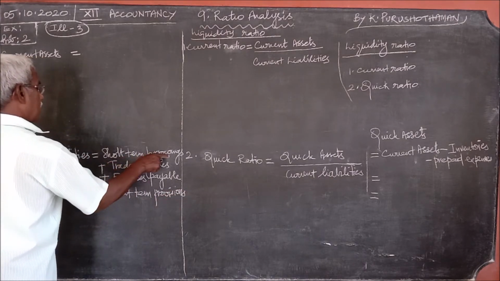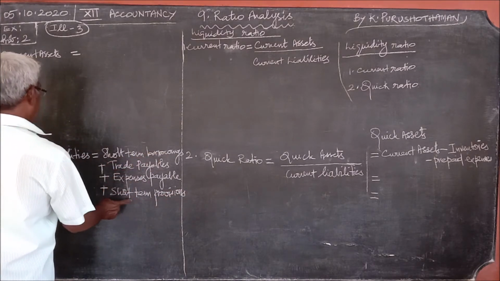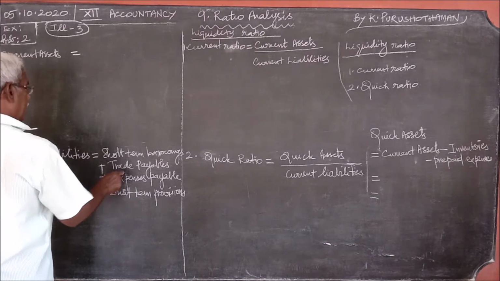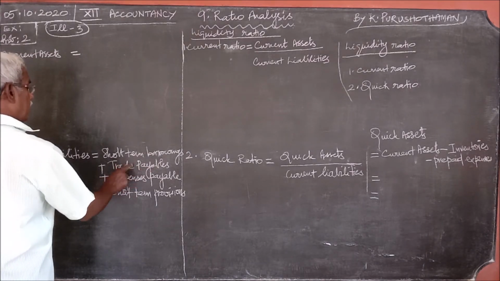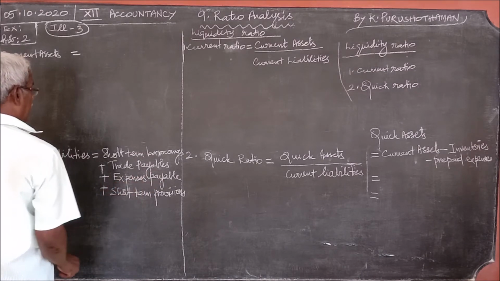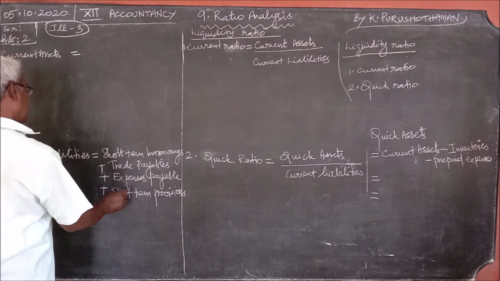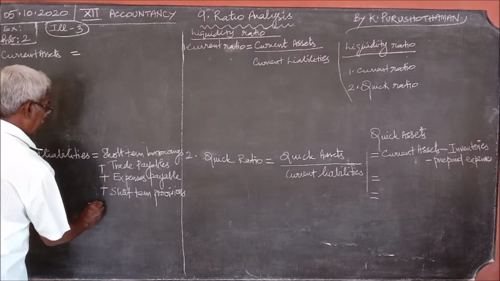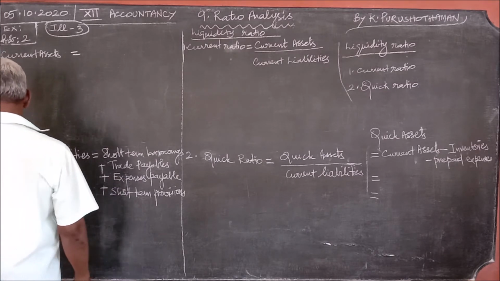Both short-term borrowings and provisions are coming under current liabilities. In addition to that, trade payables or bills payable, then expenses payables or expenses outstanding. These are the four important items given under current liabilities.